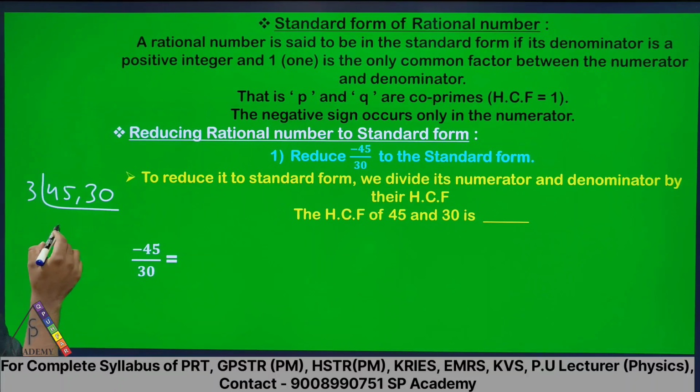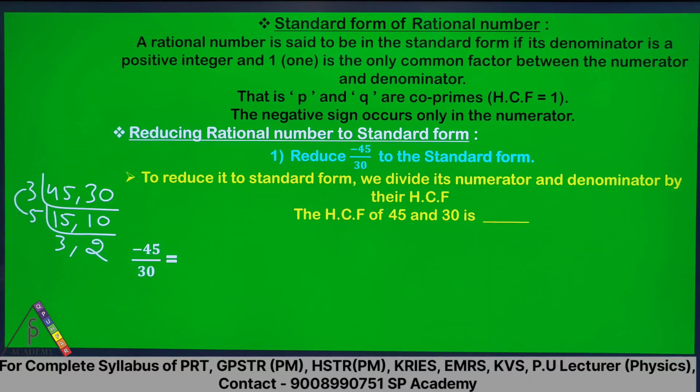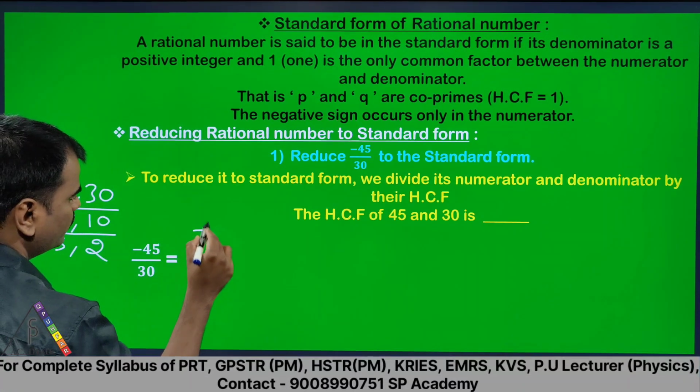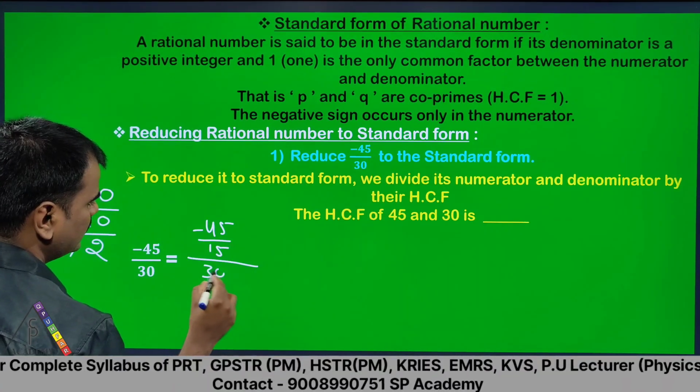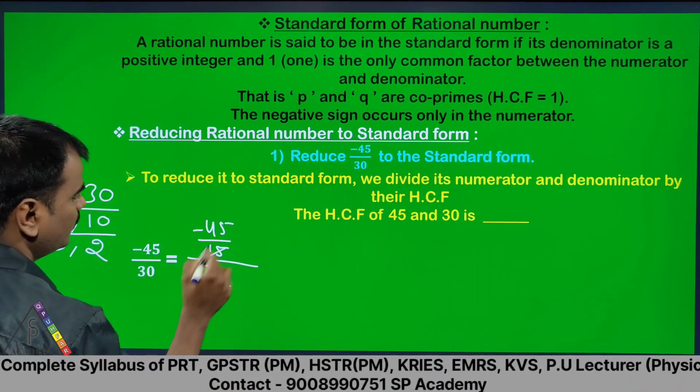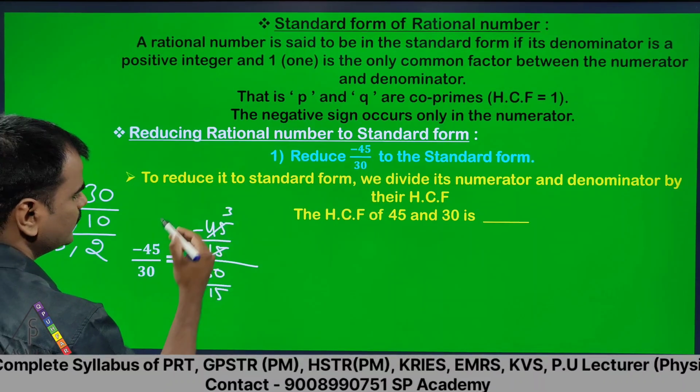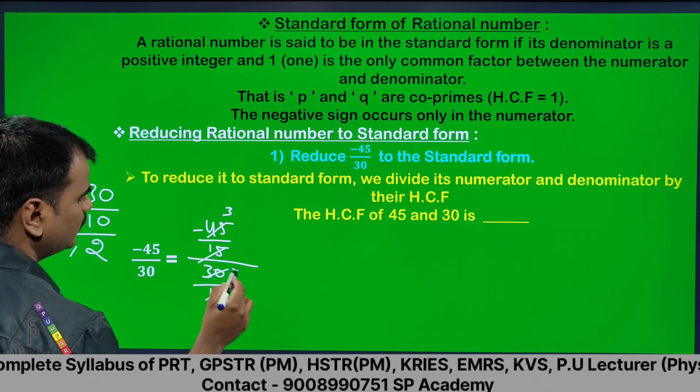3, 15, 3, 10, again 5, 3, 5, 2. Therefore HCF is 5 into 3, 15. Therefore minus 45 by 15 divided by 30 by 15. 15 1s are 15, 3; 15 2s are 30.